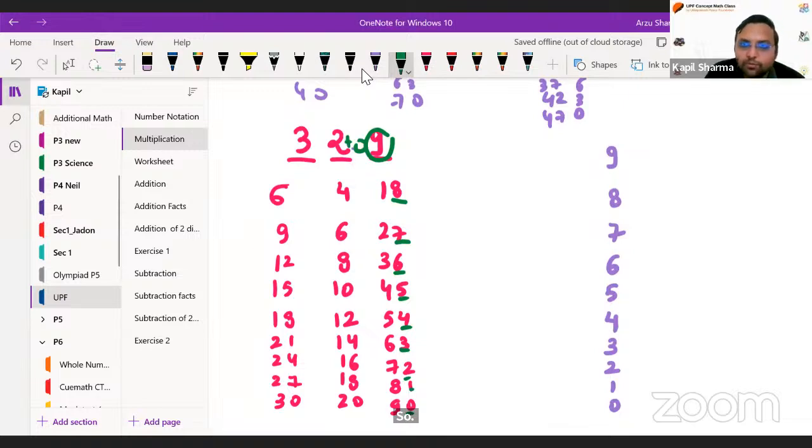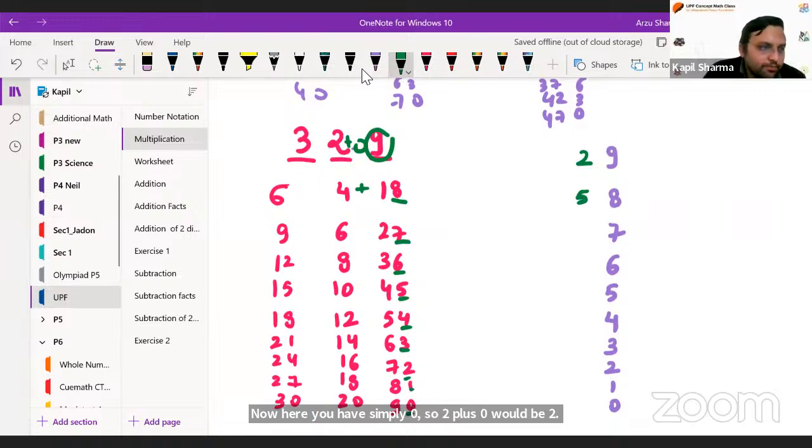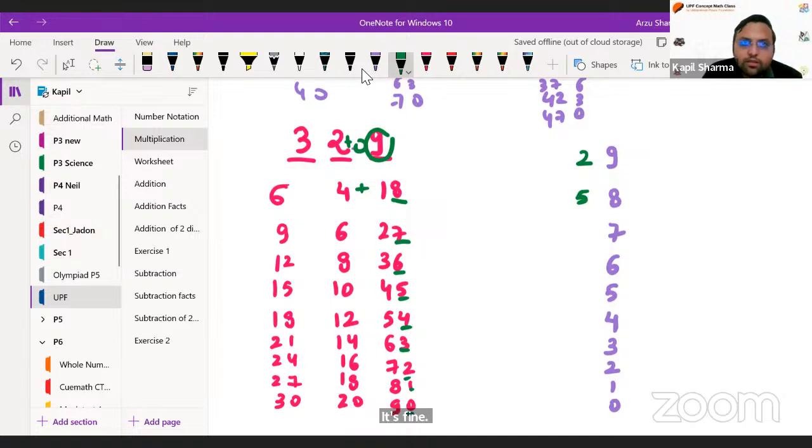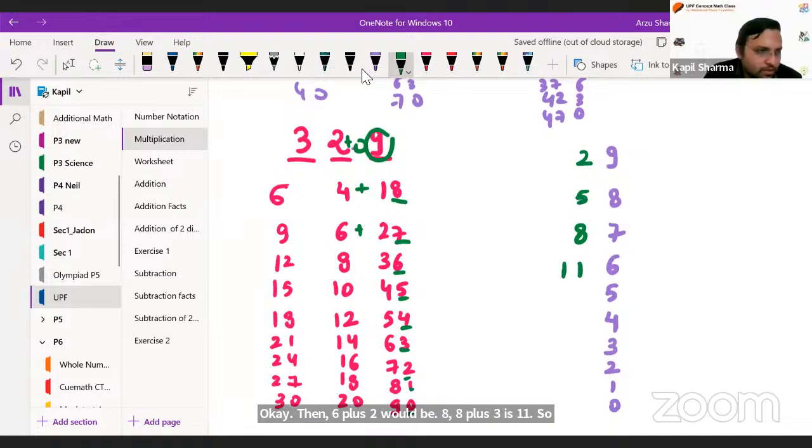So 2 plus 0 would be 2. 4 plus 1 would be 5. Then 6 plus 2 would be 8. 8 plus 3 is 11. So let's write 11 for now.